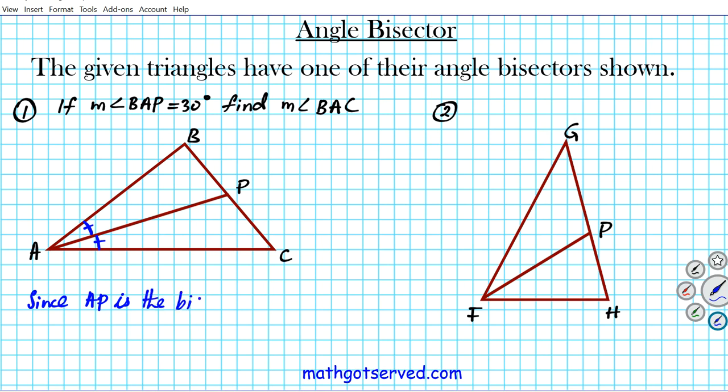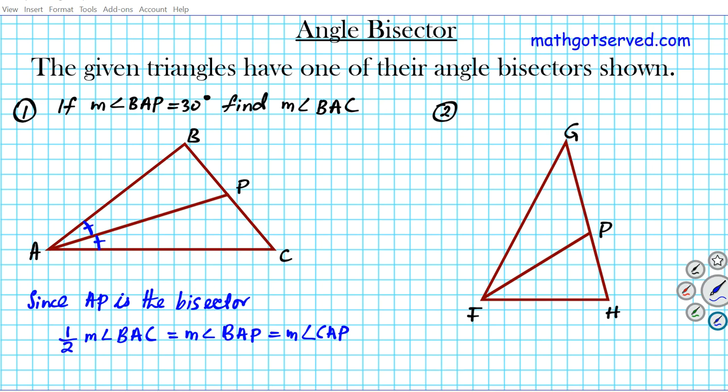It follows that half of the measure of the entire angle BAC is equal to the measure of angle BAP, and is also equal to the measure of angle CAP. We illustrated this relationship in the formulas that we just looked at on the website.